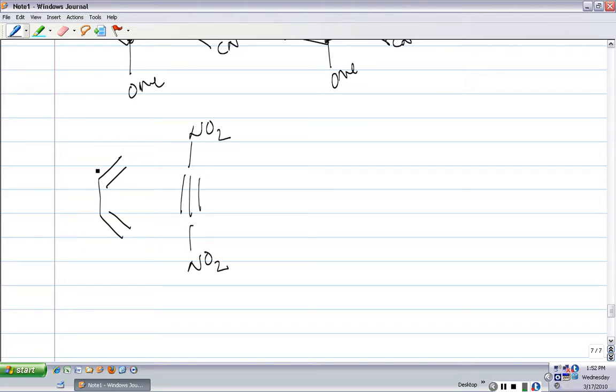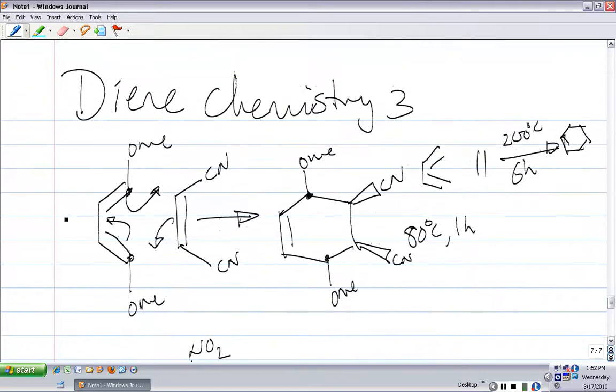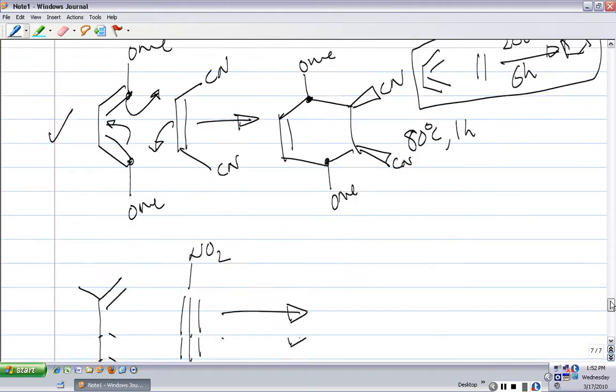So this is an activated dienophile, because I have 2 very potent electron withdrawing groups attached to it. This is also an activated diene, because I've got 2 electron releasing groups, only by induction, attached to the unit. So I'd expect this to go maybe not as quickly as the last one, but certainly faster than the reference reaction, which will be prohibitively slow, because neither the diene nor the dienophile is activated.